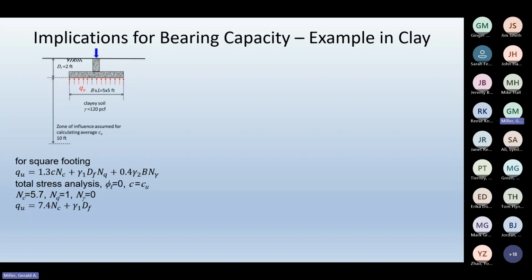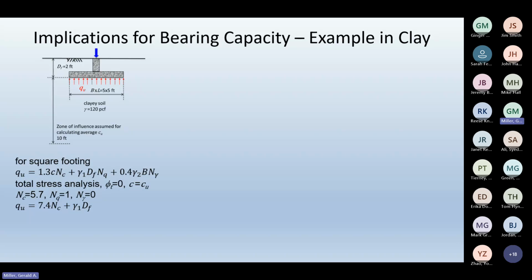There's my bearing capacity equation. This is the general bearing capacity equation. This is the Terzaghi equation for a square footing. So we have a shape factor of 1.3, a bearing capacity factor. And if we do a total stress analysis and assume the total stress friction angle is 0, then the C term becomes equal to the undrained shear strength or the total stress strength.